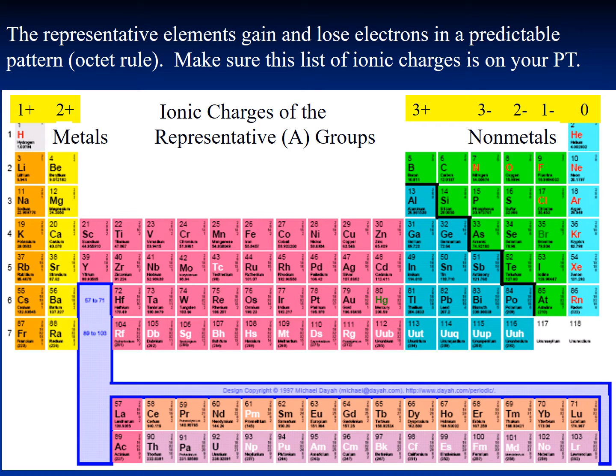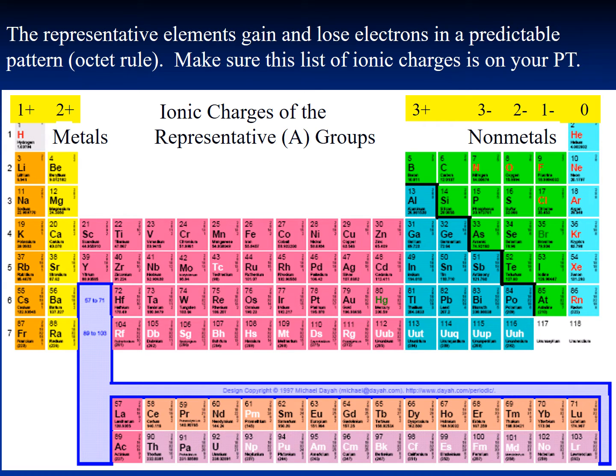Group 2A +2, group 3A, at least for boron and aluminum, is +3. We kind of skip over carbon and silicon in that group because those guys don't tend to form ions very readily until you get down to tin and lead.